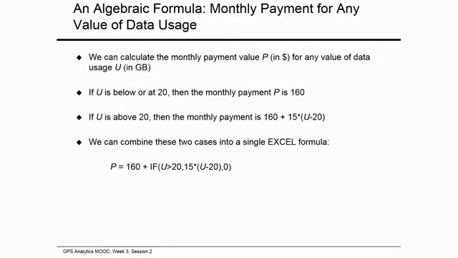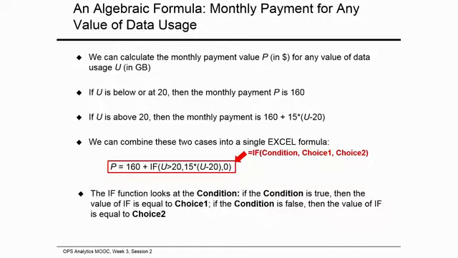Now we can combine both cases using one Excel formula, IF. The IF formula has the following form: IF(condition, choice 1, choice 2). This function evaluates the condition, and if it happens to be true, then IF becomes equal to choice 1, and if the condition happens to be false, then IF becomes equal to choice 2.